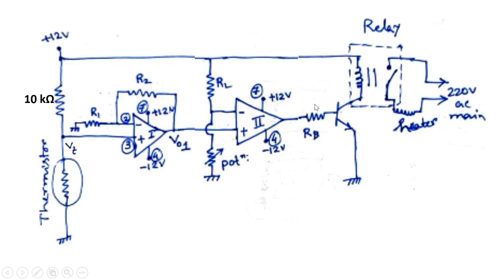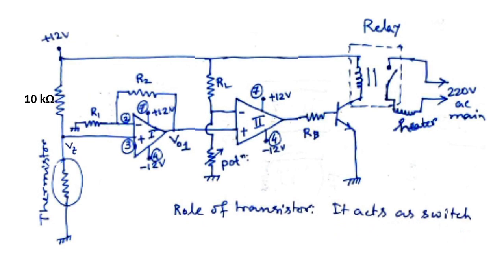That is, after the comparison, either the op-amp is in the plus saturation or the minus saturation. So how will the transistor decide whether it will be on or off? Here the role of the transistor is that it acts as a switch, and it operates either in saturation or in cutoff.